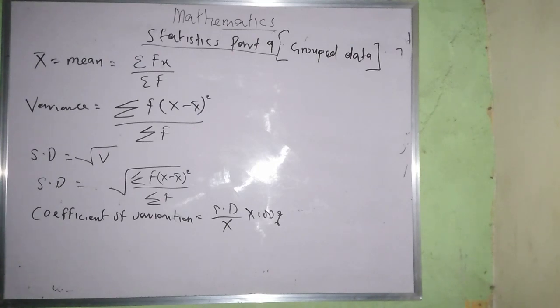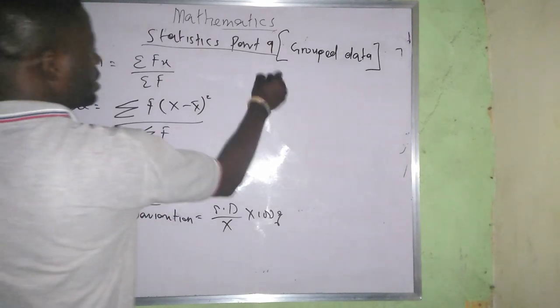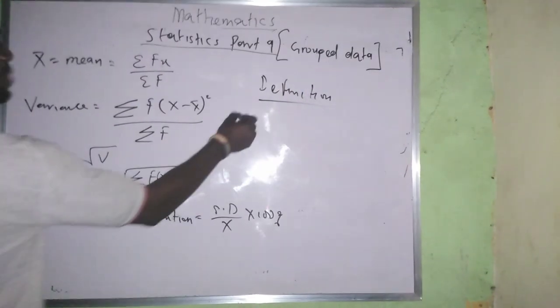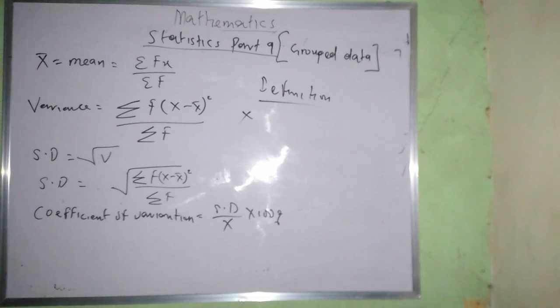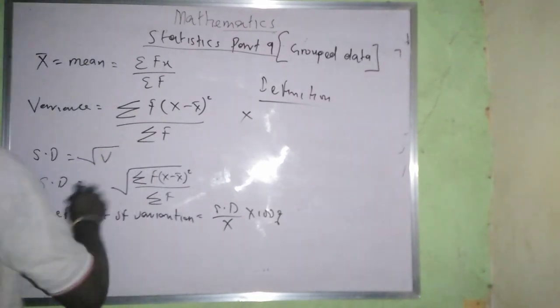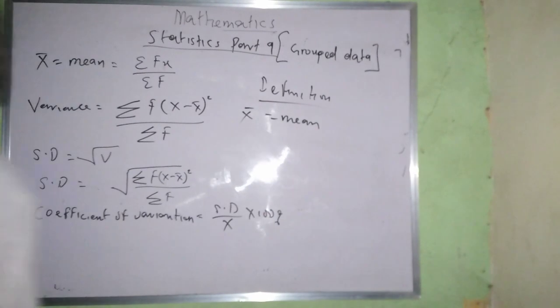Now, I think we can divide this. Let me just work on the definition. This is my x bar, which is the mean.